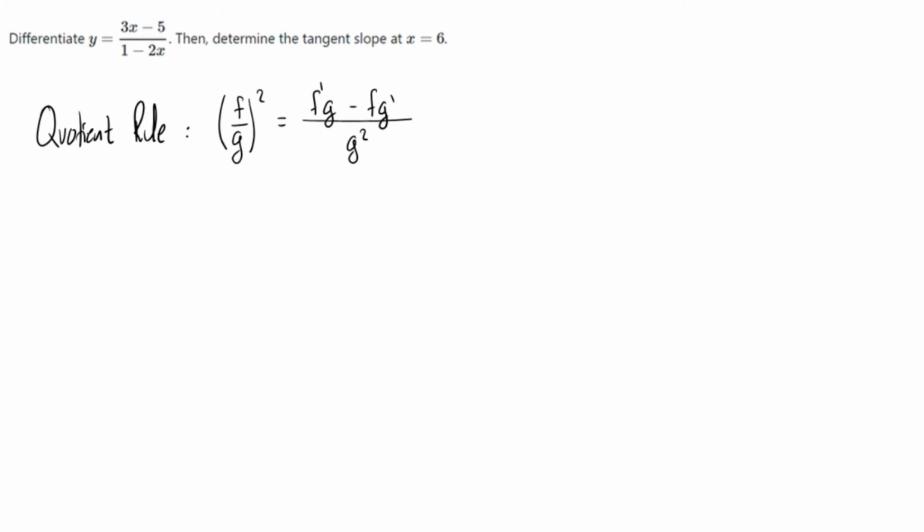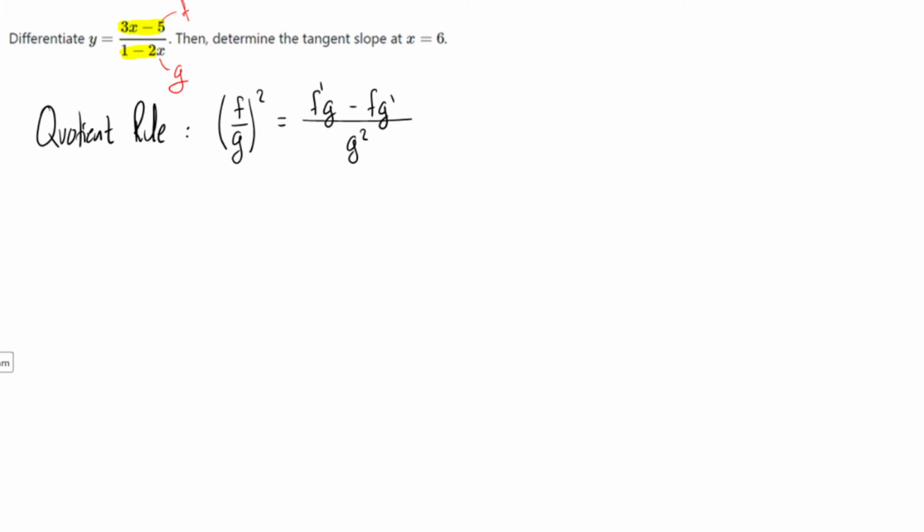Okay, so we can now plug in the corresponding functions here. The numerator is what we refer to as the function f. The denominator would be referred to as the function g here.